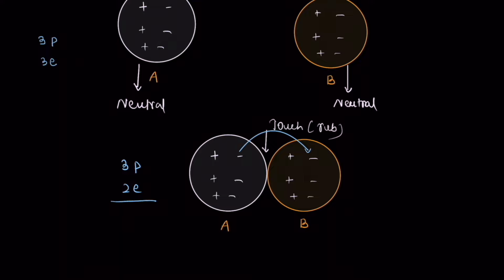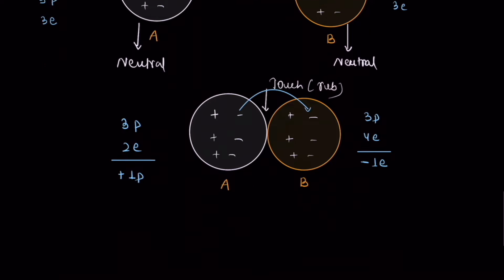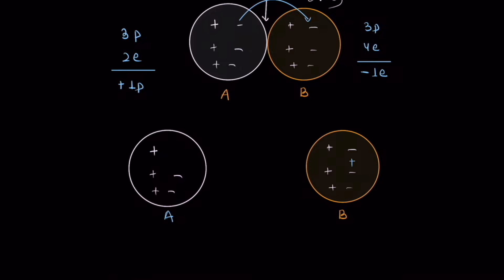So due to that, body A will become positively charged. Body B initially had 3 protons and 3 electrons. Now it will have 3 protons and 4 electrons, so it will become negatively charged. After this, A and B become separated, A becomes positively charged and B becomes negatively charged.